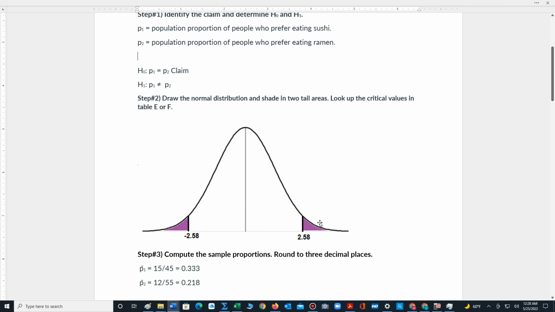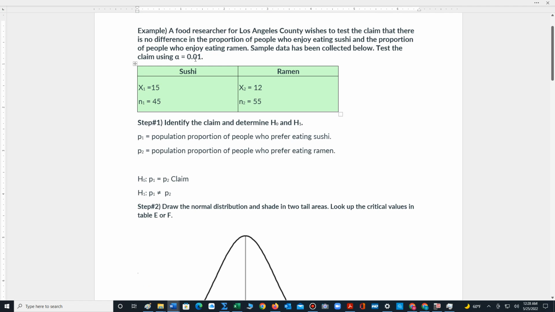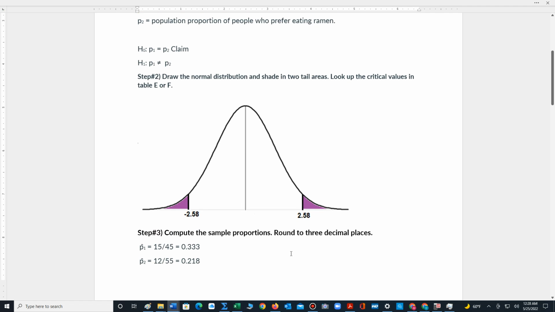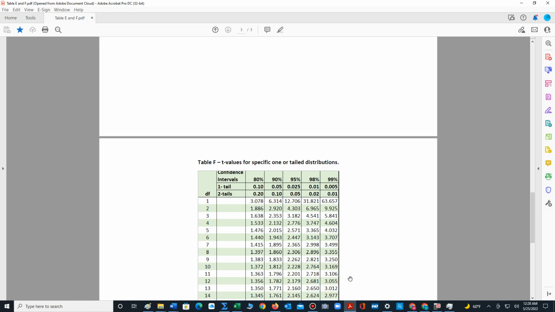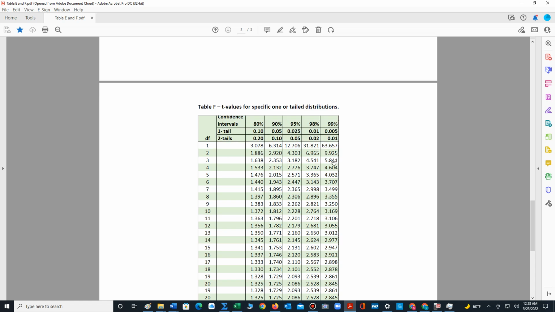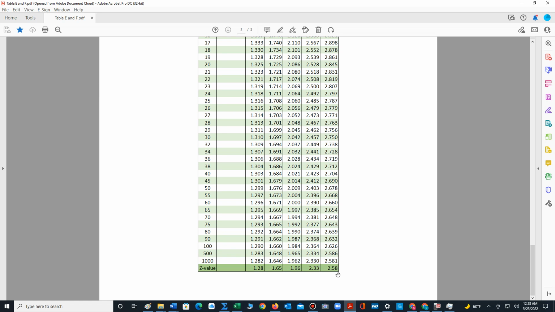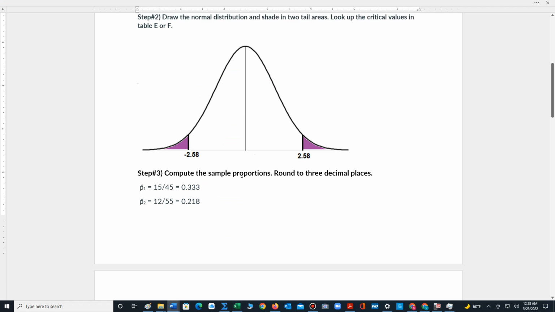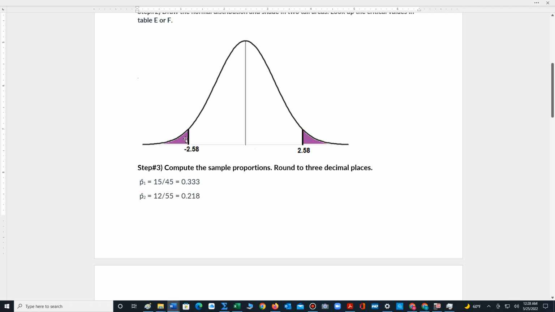Remember, the two tail areas combined is equal to this alpha, 0.01. And if we use table F to look up the critical values, we look here in table F for two tails, 0.01, and we go all the way down to the Z value, 2.58. Thus we have a negative 2.58 as a left critical value, a positive 2.58 as a right critical value.